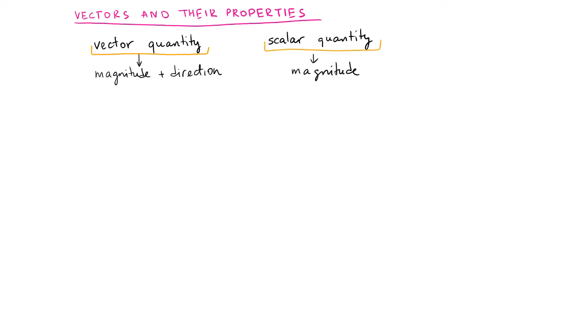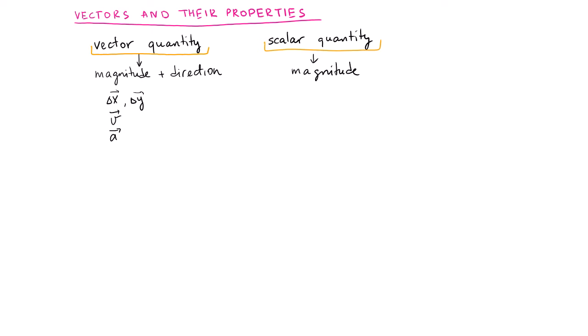As we discussed earlier, displacement, delta x or delta y, are examples of a vector quantity. Velocity is another vector quantity, and acceleration is another vector quantity.